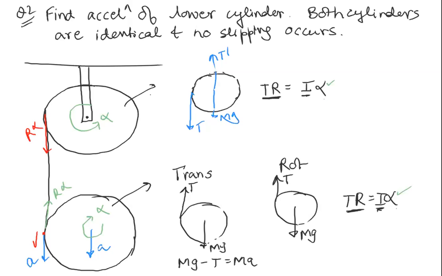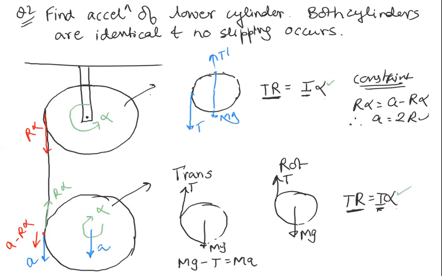Therefore, in this direction, the acceleration must be a minus R alpha. So the constraint relation that you will get will be R alpha is equal to a minus R alpha. Therefore, a is equal to 2R alpha.